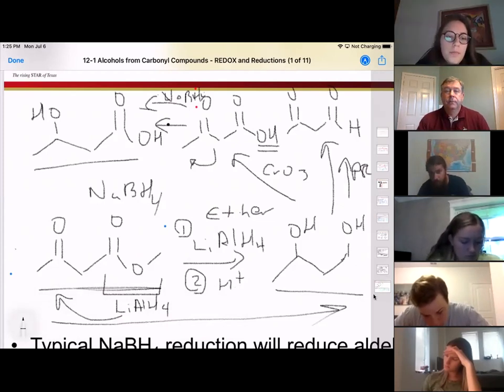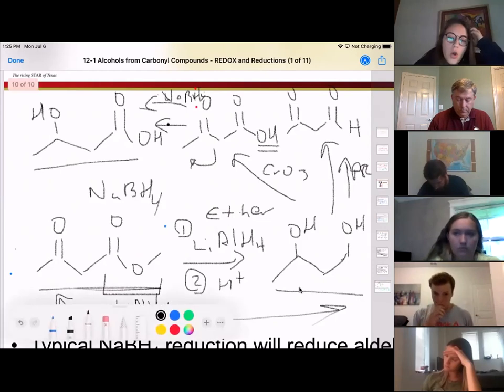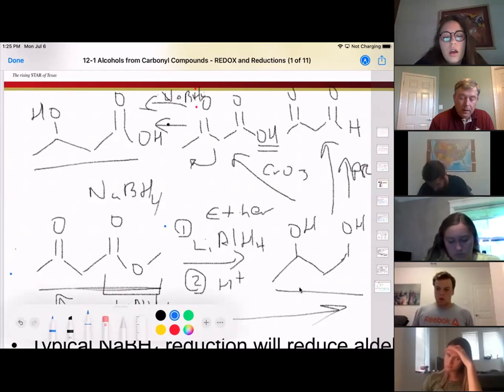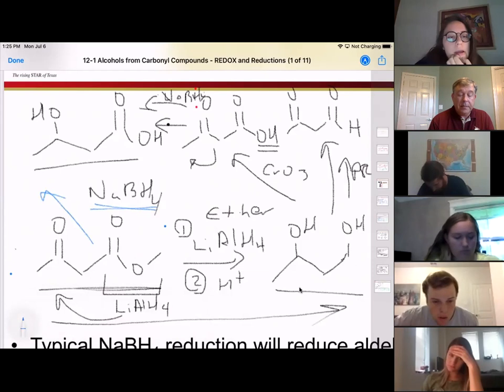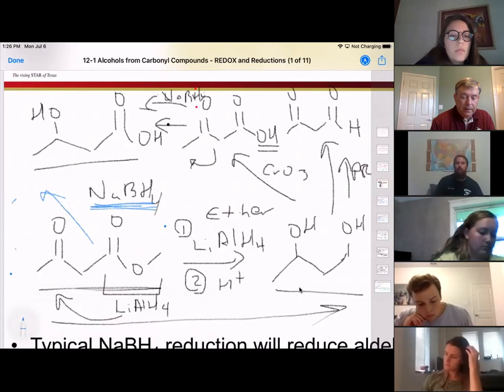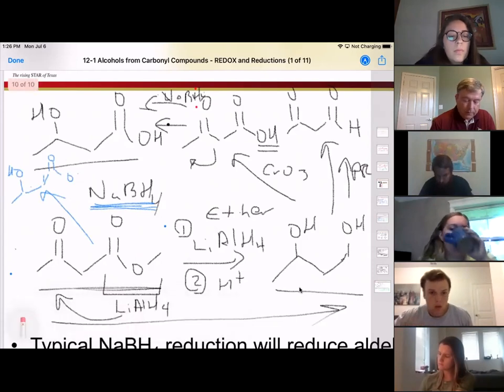Okay. I have a question. So in the original reaction, with the ester, were we trying to only reduce the ester? On this one right here with the sodium borohydride, the ester is not reduced by the sodium borohydride. It only reduces the ketone, and you maintain the ester. So I'm drawing it wrong.